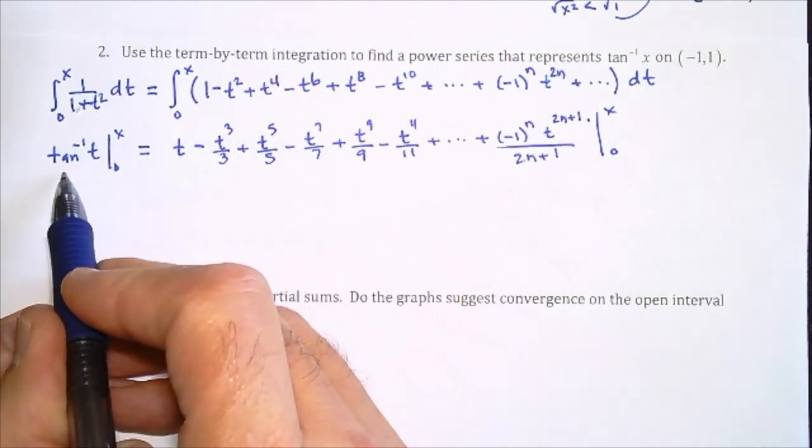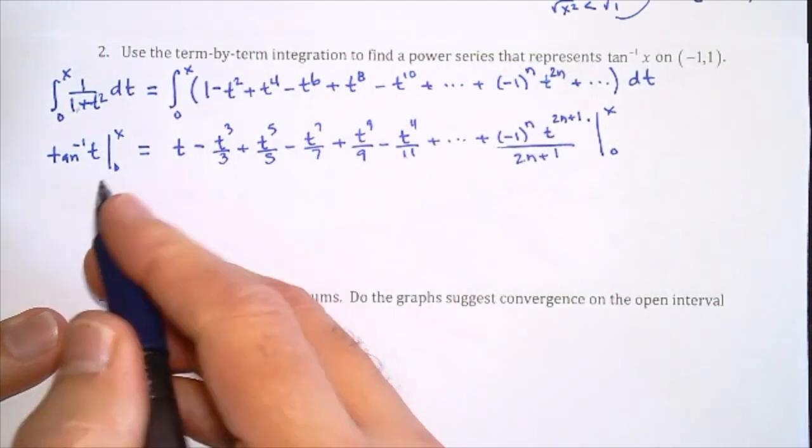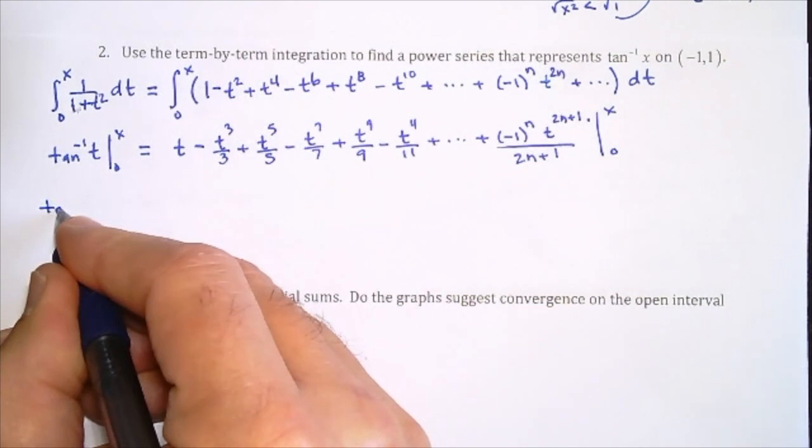So the left-hand side becomes tan inverse of x minus tan inverse of 0.